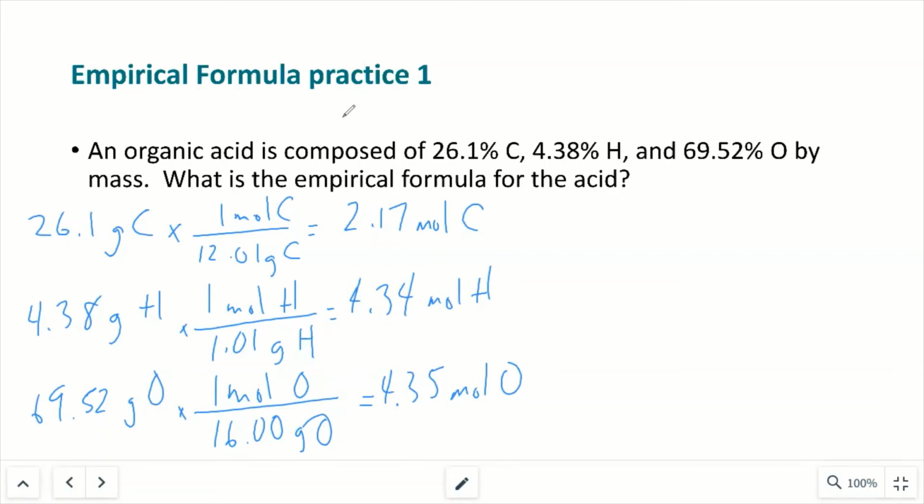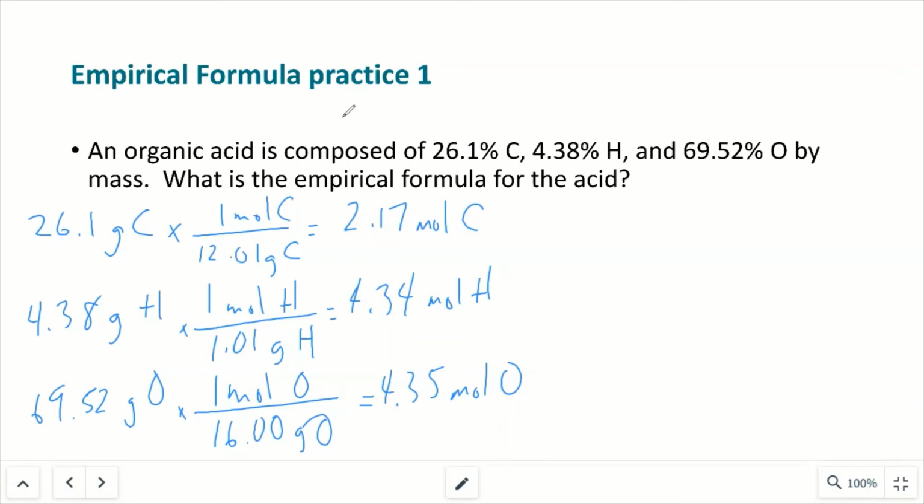So unlike some of the problems that we did on Wednesday, this one looks pretty straightforward if you can do a little bit of mental math. We already can see that the hydrogen and oxygen are essentially the same, and they look not that far off from the carbon.